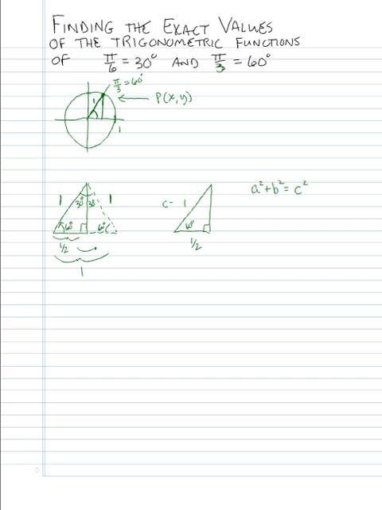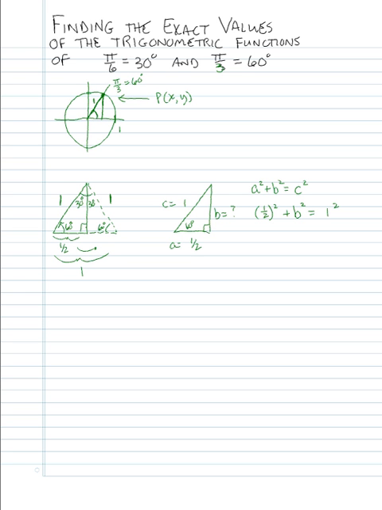So this would be the c value. We could say this is the a value. What is the b value? Well, according to the Pythagorean Theorem, we would have a squared, which is 1/2 squared, plus b squared is equal to c squared, and c is 1, so that would be 1 squared.